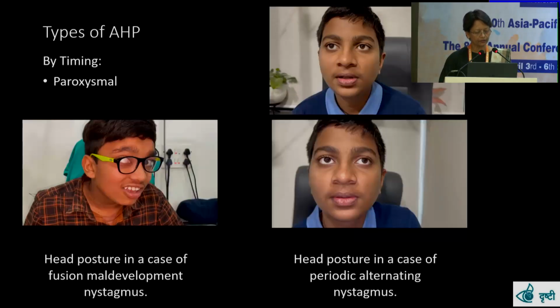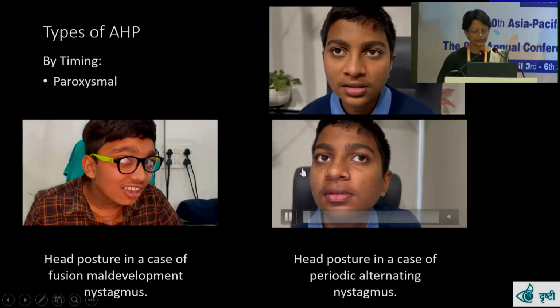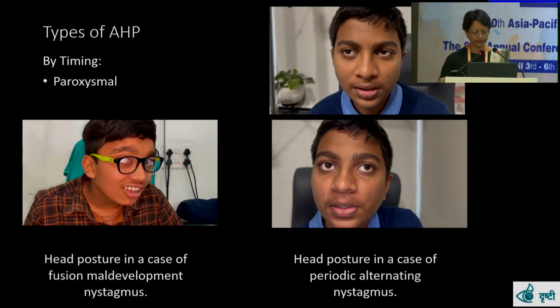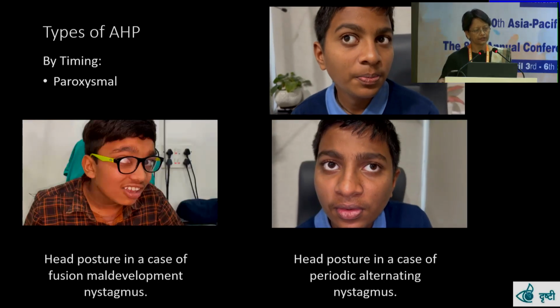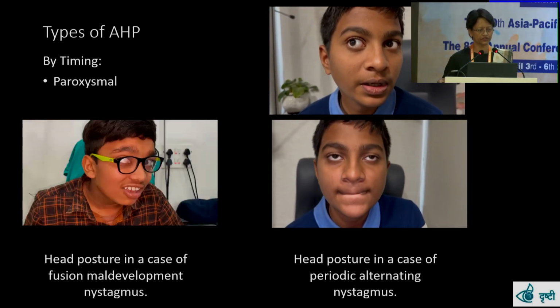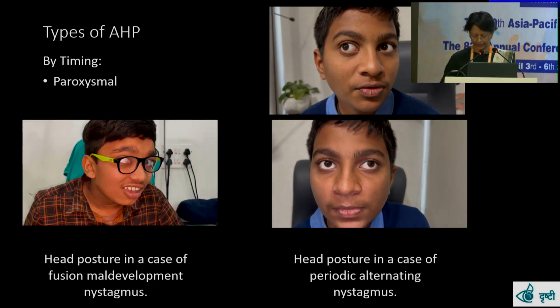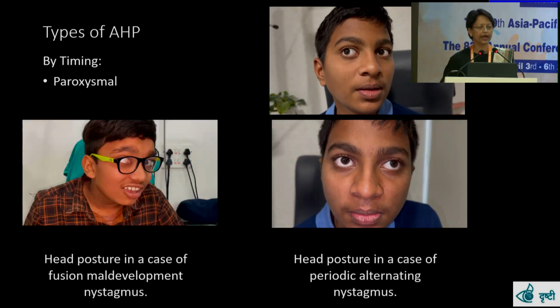It could also be classified according to timing, which is paroxysmal head posture, as in a case of fusion maldevelopment nystagmus, or as you can see in this child, it is a changing head posture in a case of periodic alternating nystagmus. So, in cases of nystagmus, you always have to observe the child for about 3 to 4 minutes before deciding on what type of head posture he has.